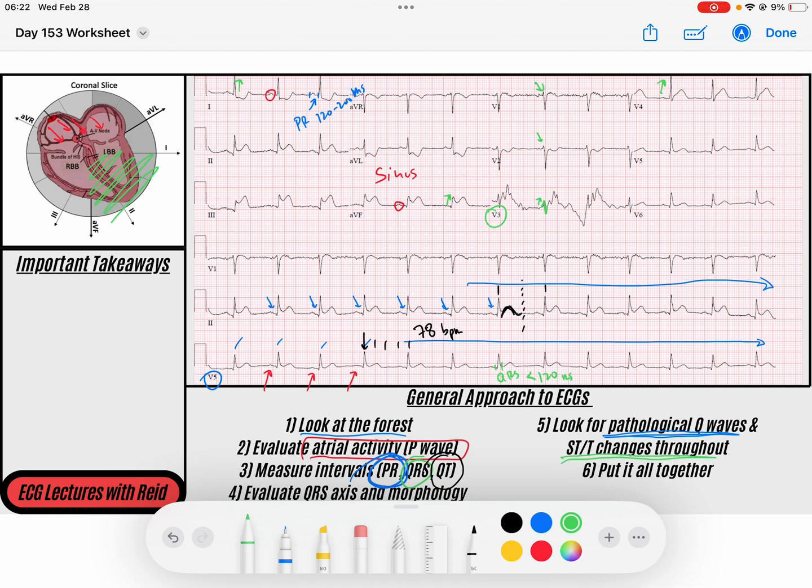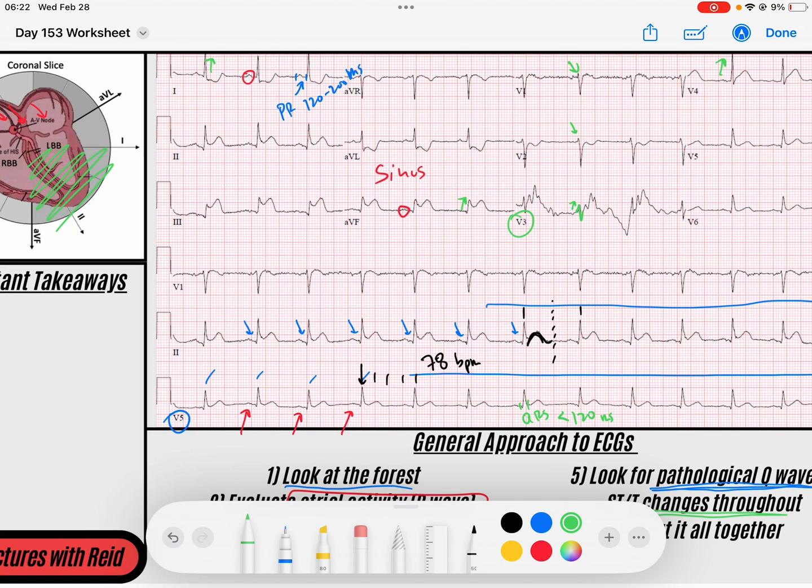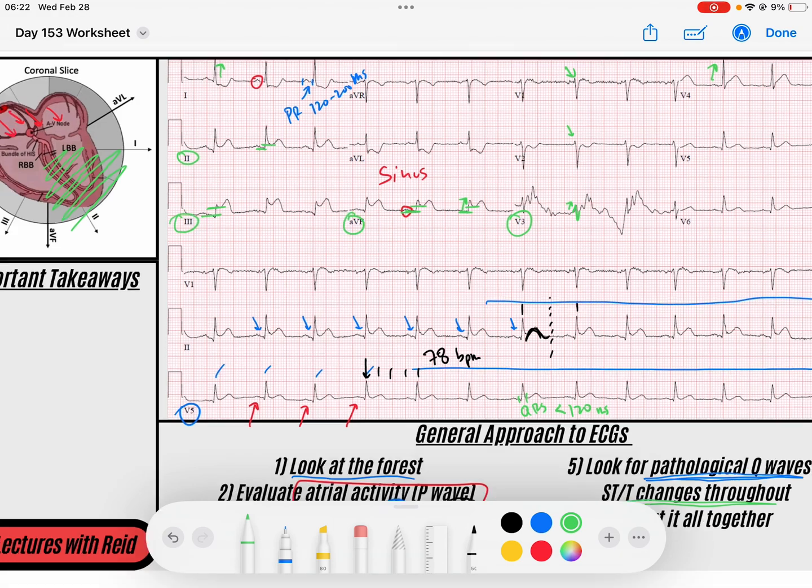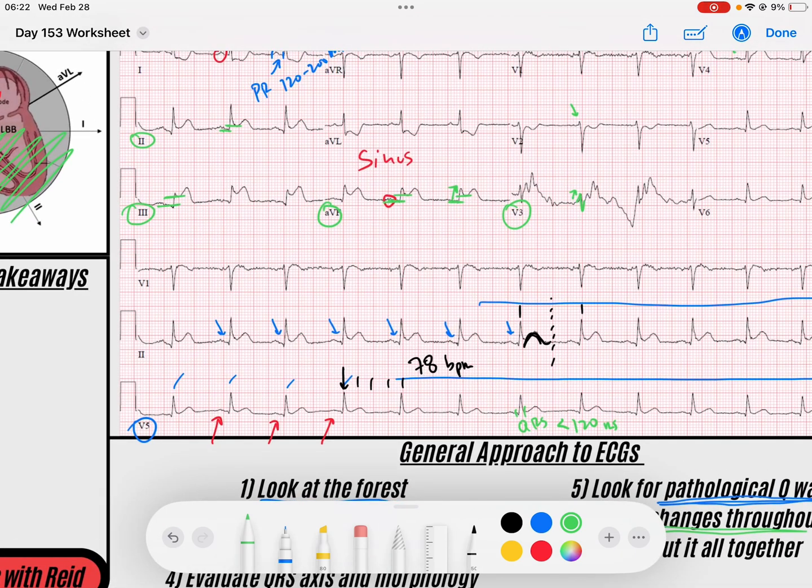So, you guys probably saw it. We've got, once again, ST elevations that are predominantly in my inferior leads, right? 2, 3, and AVF. What's interesting is you can see it's most dominant ST elevation in lead 3, and then to a lesser degree AVF, and then to a lesser degree lead 2.